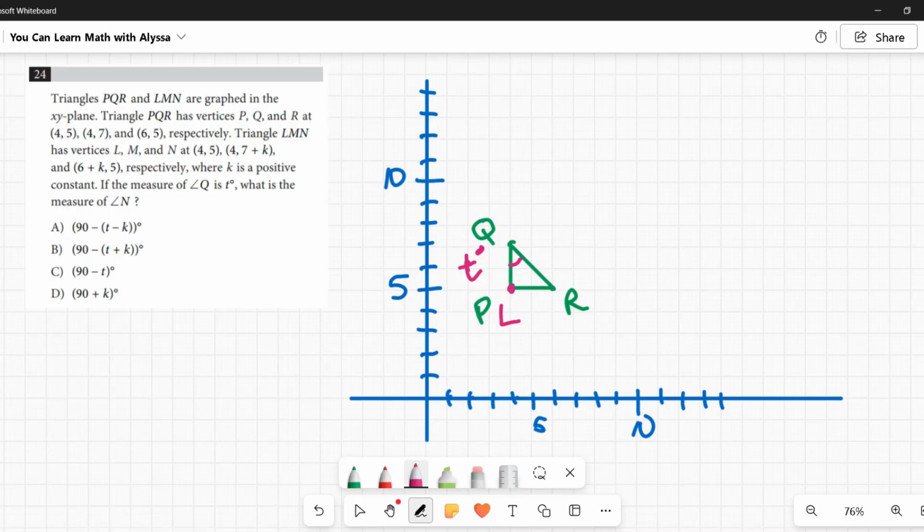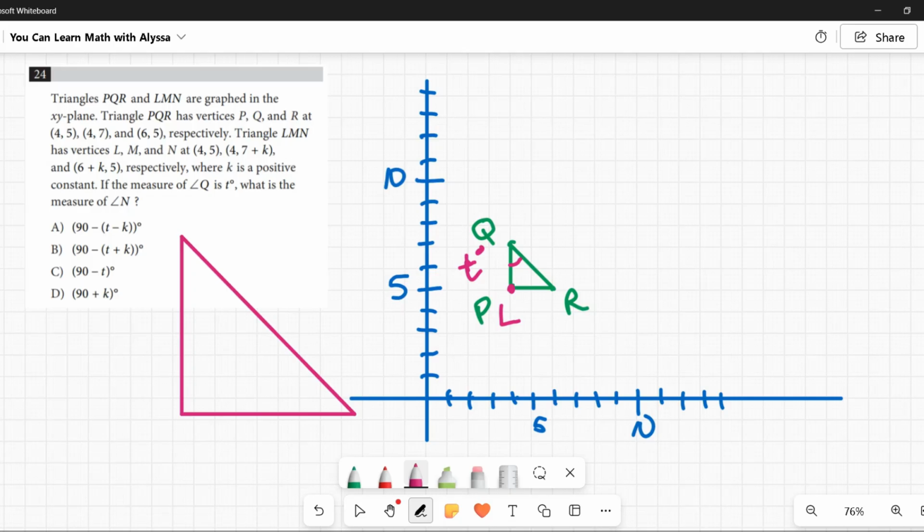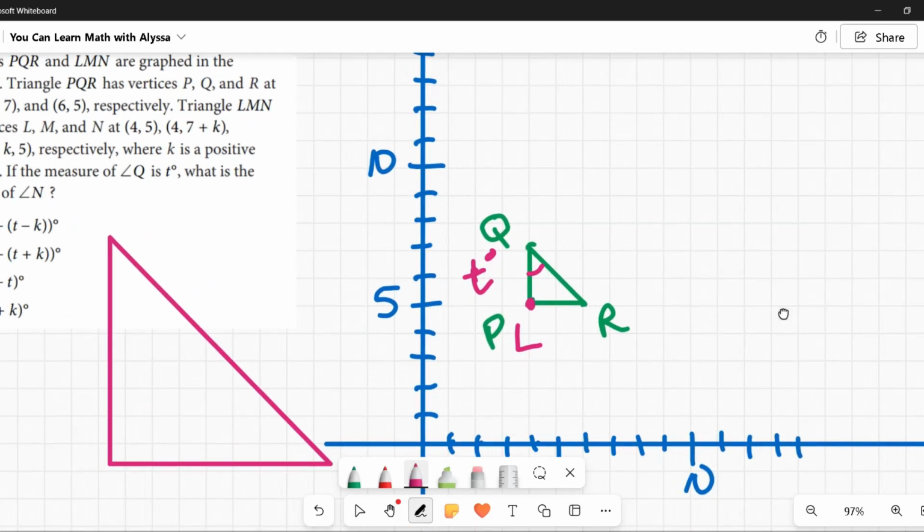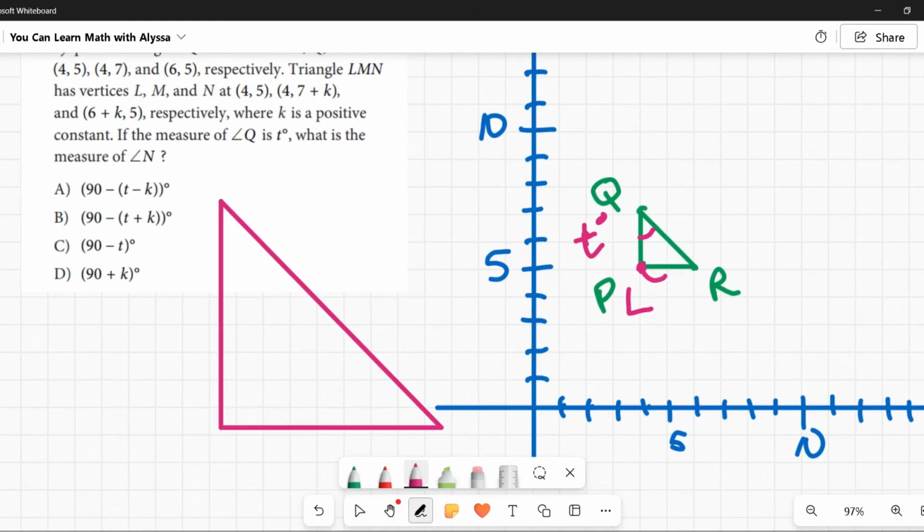All right, so let's start by looking just at triangle PQR. I'm going to draw it over here, terribly, so we can see it a little bigger. We have a vertical line and a horizontal line, and they're connected. We can count the sides: this side is 2 and this side is 2.